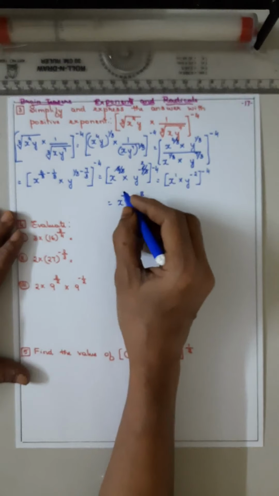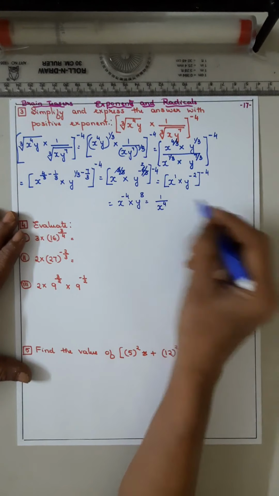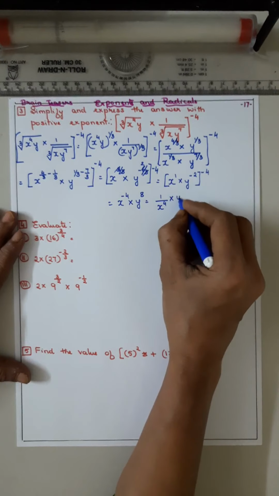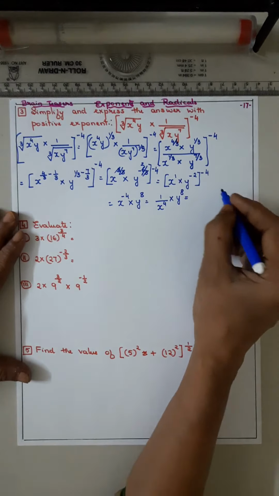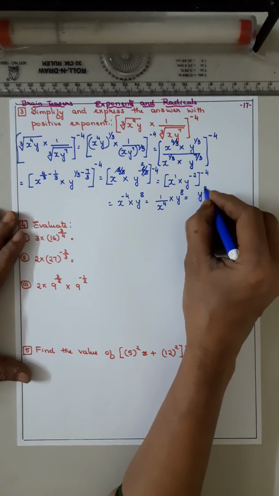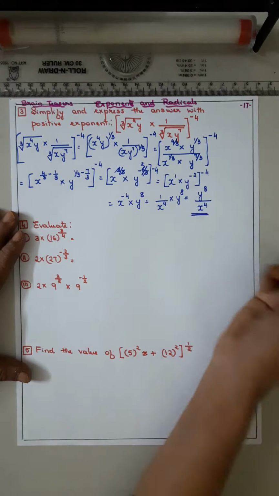So, x to the power minus 4 means 1 by x to the power 4, and y to the power 8 will be numerator. So, final answer y to the power 8 upon x to the power 4.